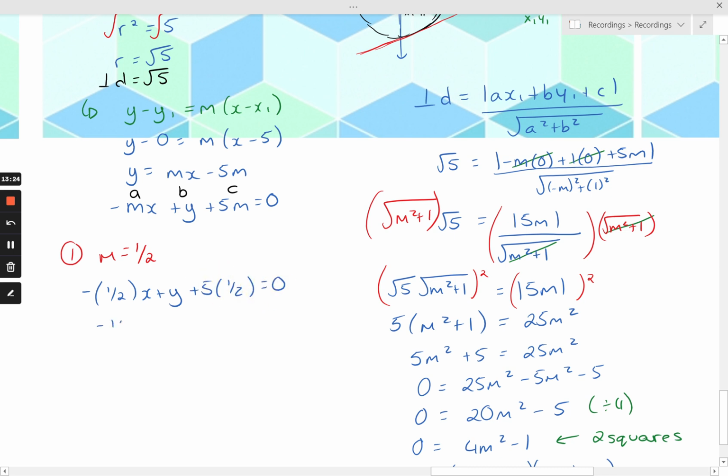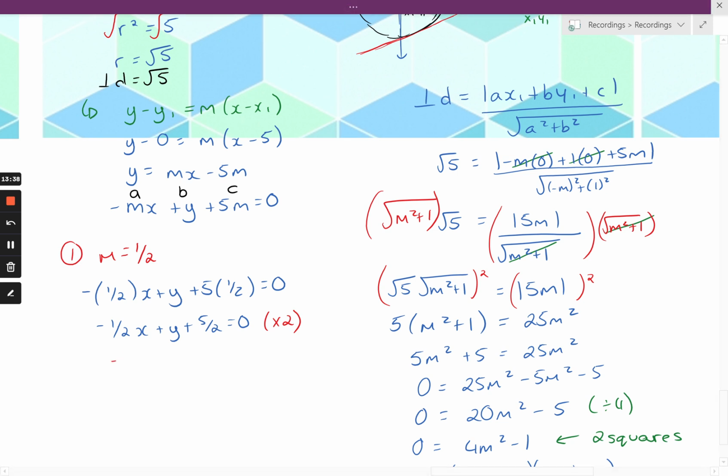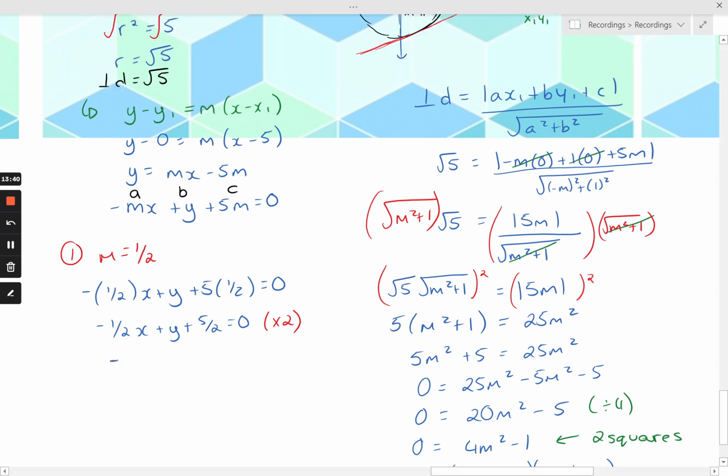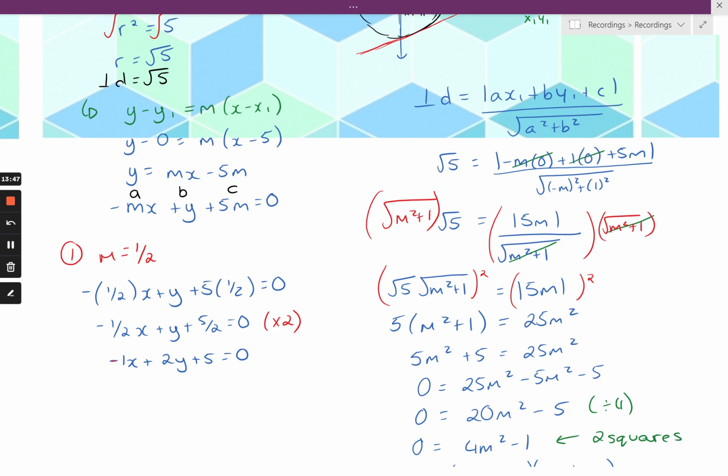So I get minus a half x plus y plus 5 over 2 is equal to 0. To get rid of the fractions, I'm going to multiply everything by 2, which gives me minus 1x plus 2y plus 5 is equal to 0 as the equation of my first tangent.